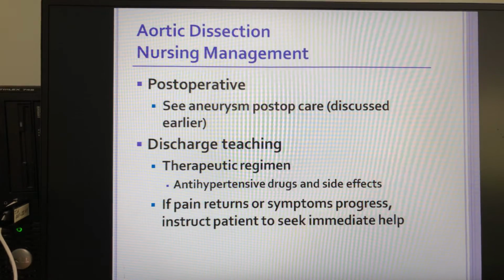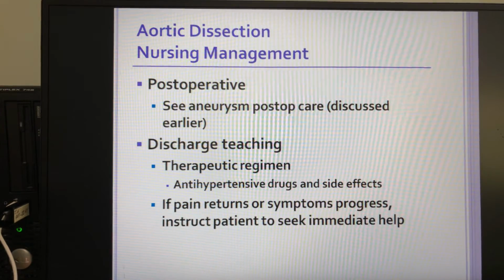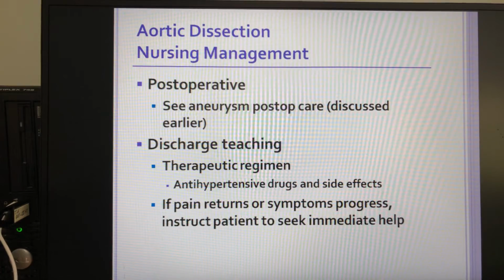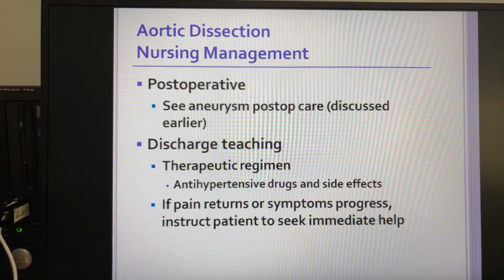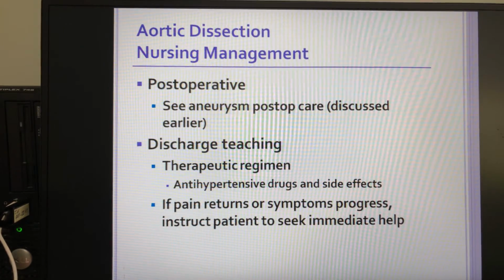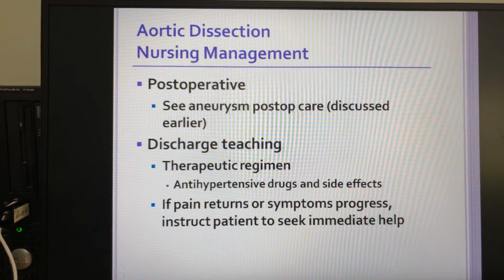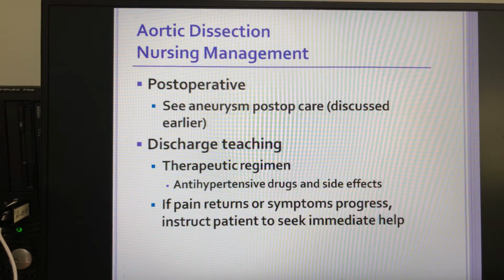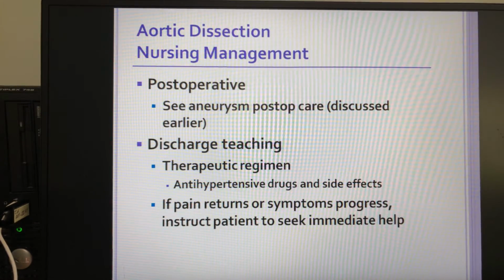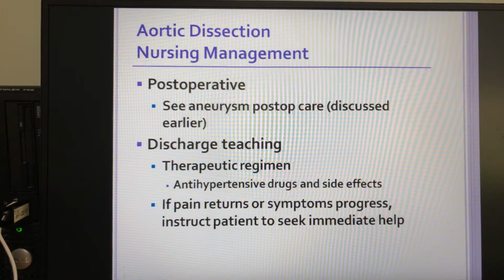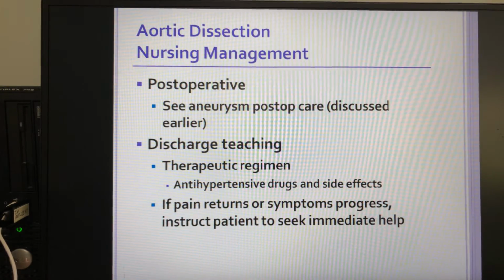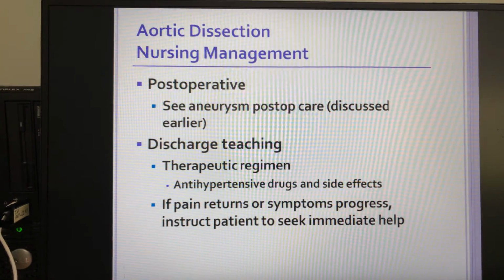Again, those beta-adrenergic blockers like metoprolol, and a lot of times they use metoprolol XL, which is the extended release, are used to control the blood pressure, and those drugs actually decrease myocardial contractility as well. The most common cause of death in long-term survivors is rupture of the aorta from redissection, or formation of an aneurysm.